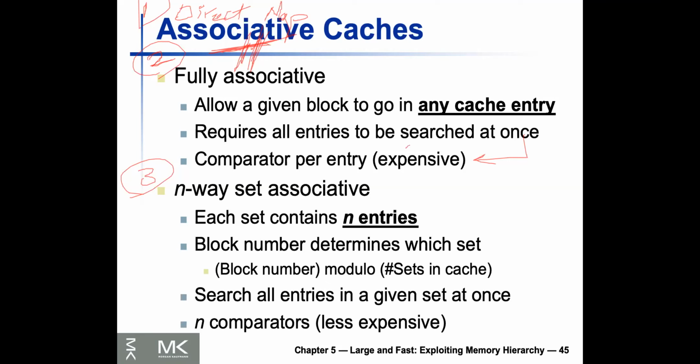So you have direct map on one side, and on the other side of the spectrum you have fully associative. Somewhere in the middle of this spectrum, you have n-way set associative.